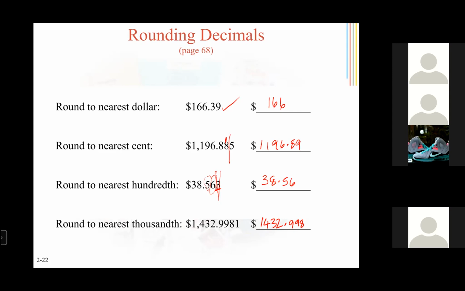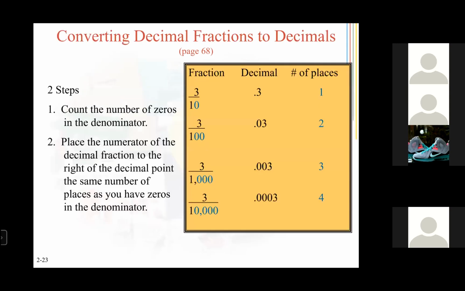Okay, so now, in the same way we do conversions in fractions, we also can convert the fractional form of decimals into a decimal. They give you some examples here.